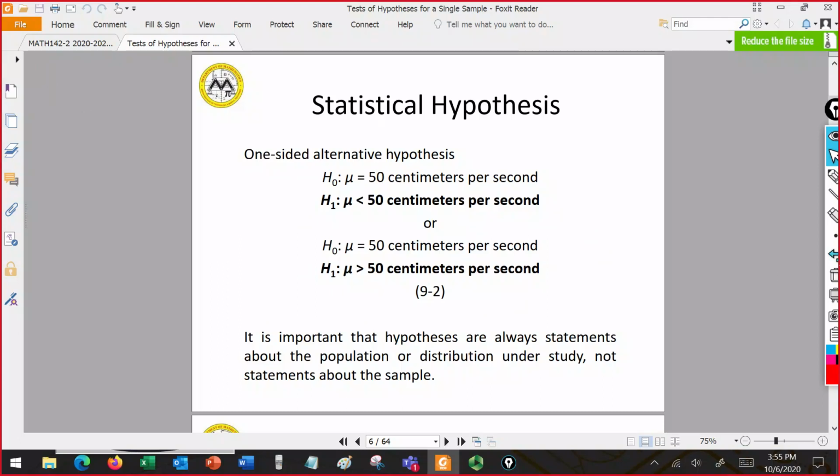Para sa mga nag-senior high sa Mapua, kung pinagamit kayo ng Excel, ang H0 ng Excel is greater than or equal to or paired with less than for H1.